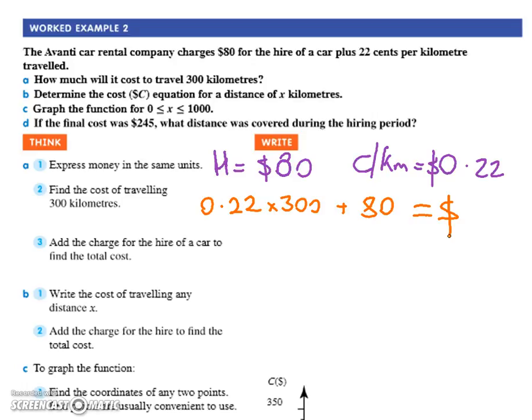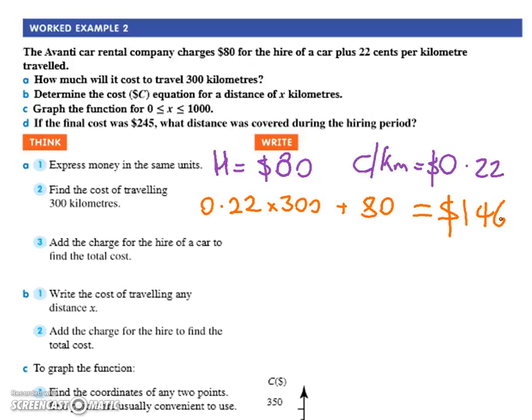So what do we get? 146 even? Beautiful. Okay. Now, you could have done it in 2 steps, done the 22 cents times the 300, and then added the $80, or you can do it in 1 step.